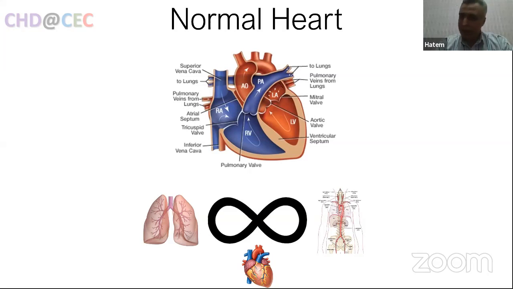Then it gets back oxygenated to the left side of the heart, which pumps the blood into the aorta and then goes back to the systemic veins, pulmonary circulation, pulmonary veins, systemic circulation, and keeps going. This is very basic.